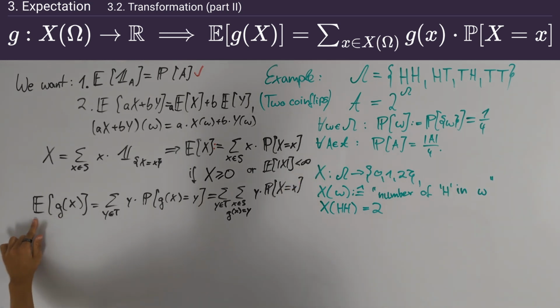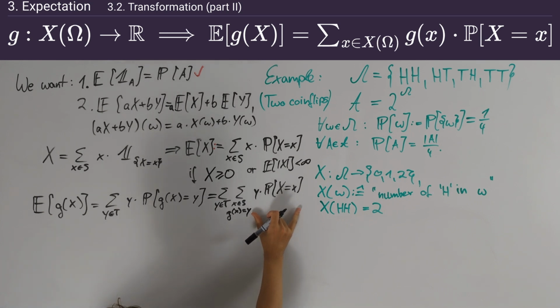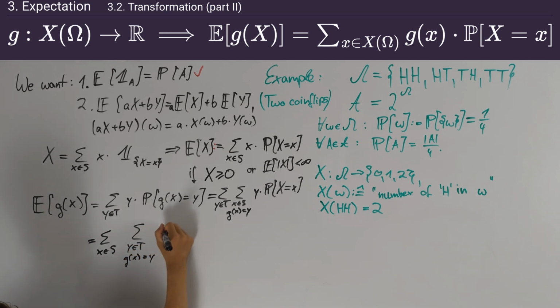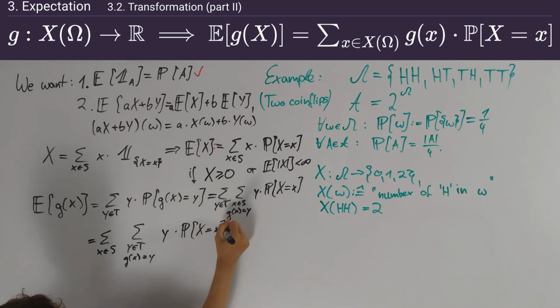Since we assume that E of g of X is well defined, either all our summands are non-negative or the sum absolutely converges, so we may just swap these two sums to obtain that this is equal to the sum over x in S, the sum over y in T such that g of x equals y, of y times P of X equals x. This sum here is kind of funny because we have exactly one value for y that we are summing over, namely g of x.